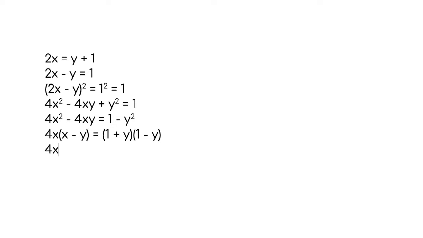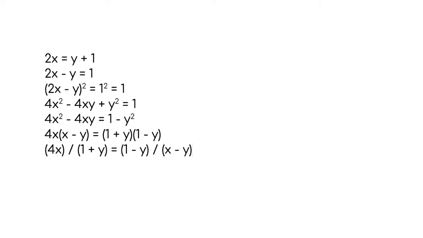4x divided by 1 plus y, and I'm just going to put brackets around these, and that would be equal to 1 minus y over x minus y.